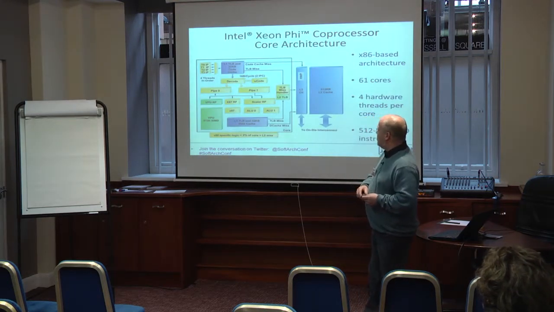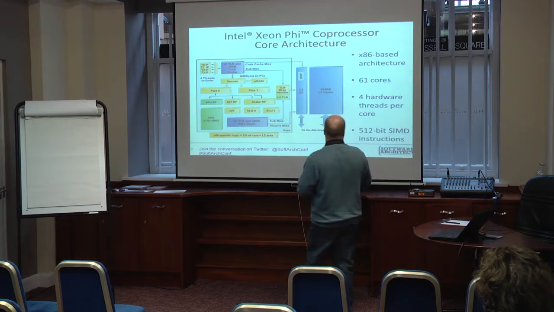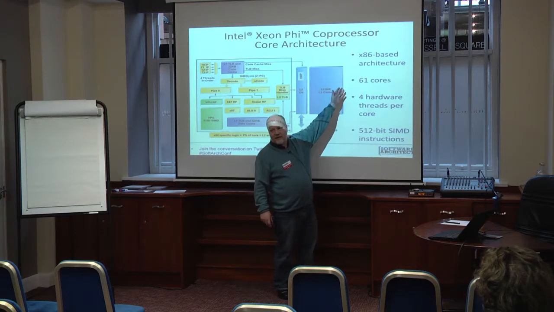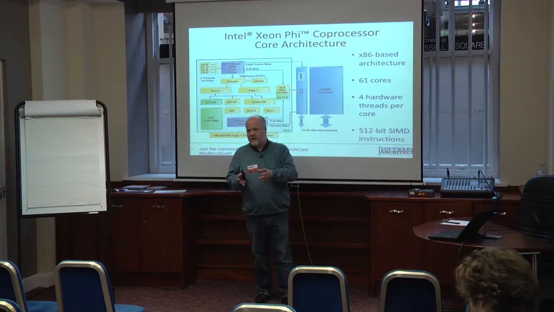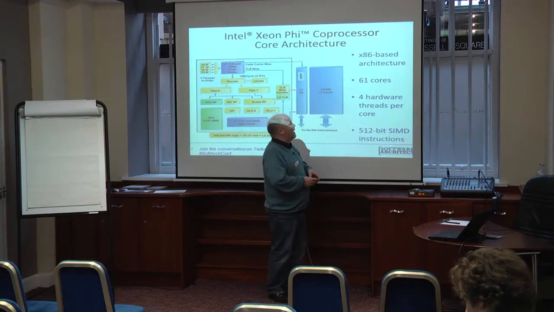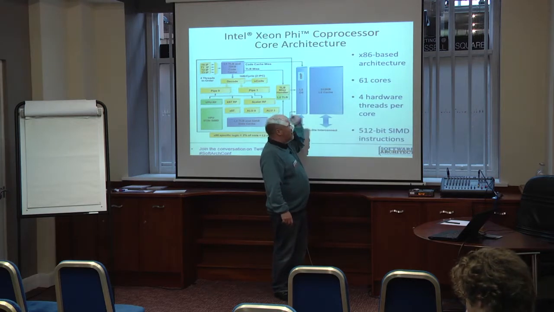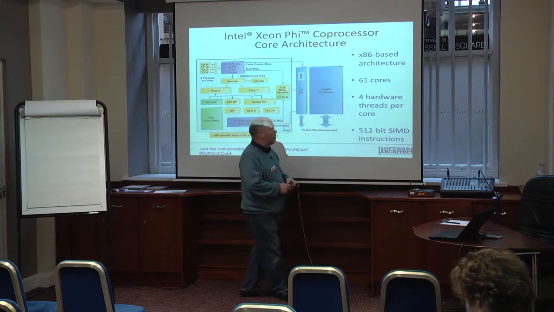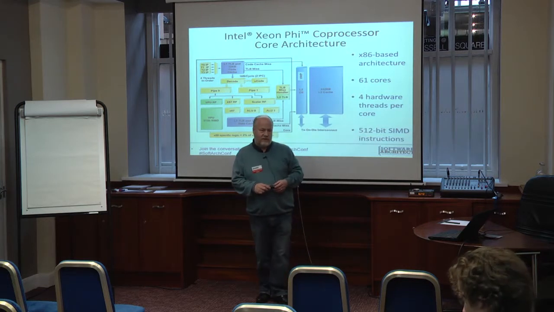Here's an internal view. I won't spend too much time on this, but a little bit more detail. Maybe I'll come over here. You can see, if it isn't clear already, it's x86 based. Intel have taken a design of an earlier version of the Intel processor, one of the Pentiums, taken out the main design of that, and put it into this new design, and it's got 61 cores, and each of those cores has 4 hardware threads.